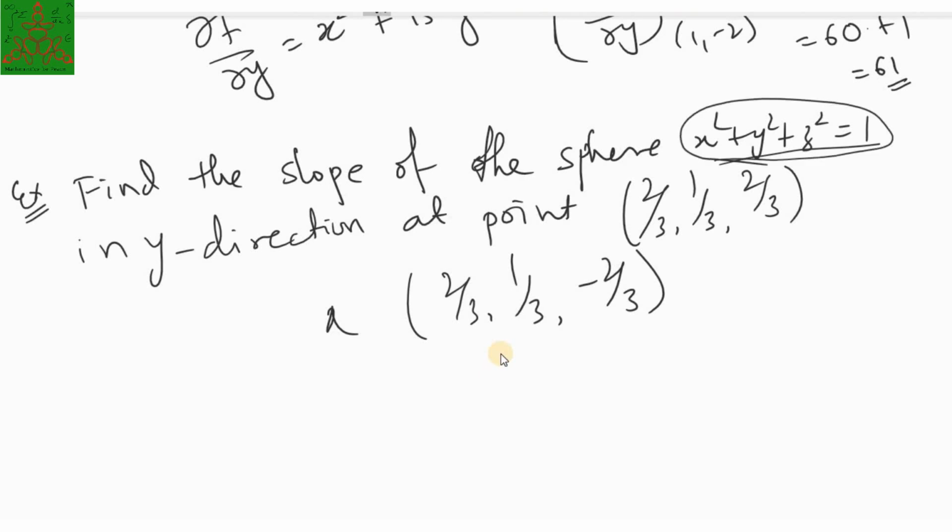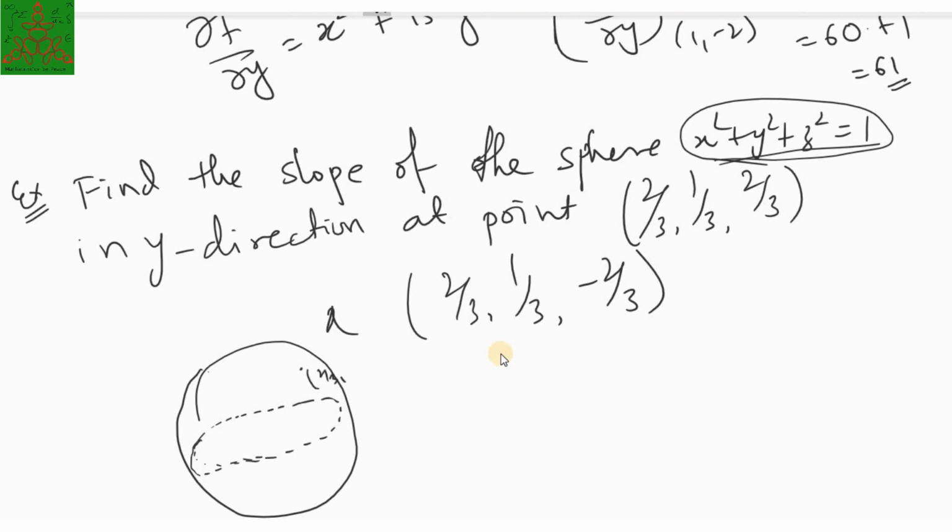So let us try to see what this sphere looks like. Let us say this is the sphere, and consider the intersection of this sphere with y equal to a constant. The point (2/3, 1/3, 2/3) is on the upper hemisphere, and the point (2/3, 1/3, -2/3) is in the lower hemisphere.